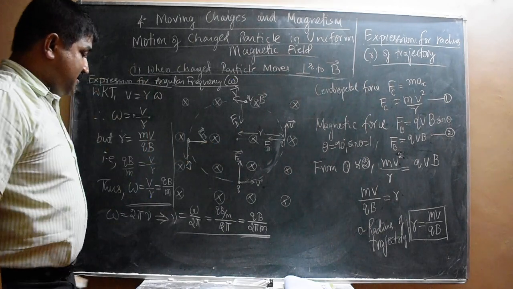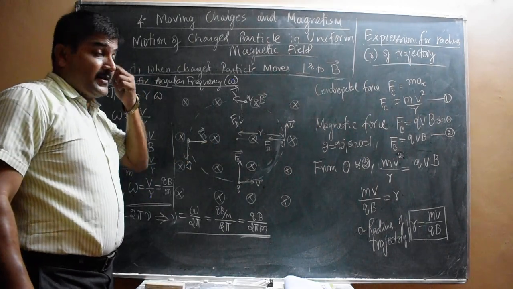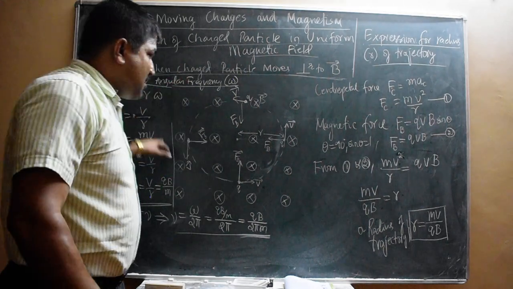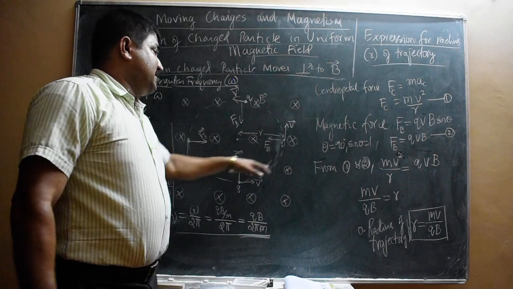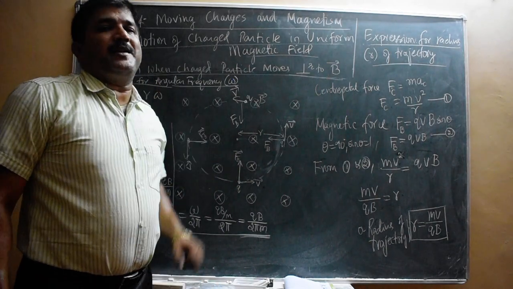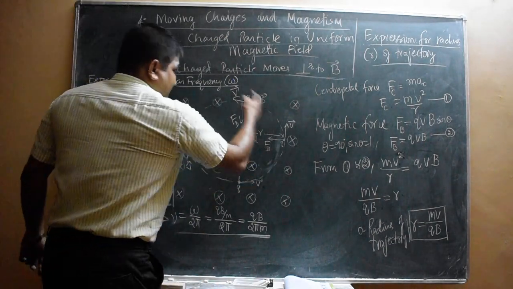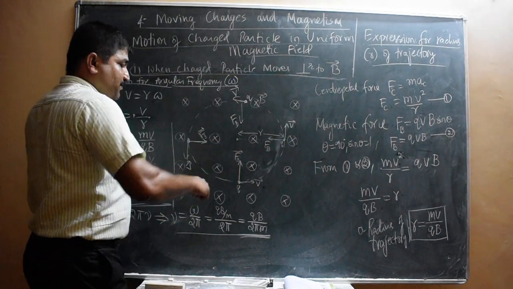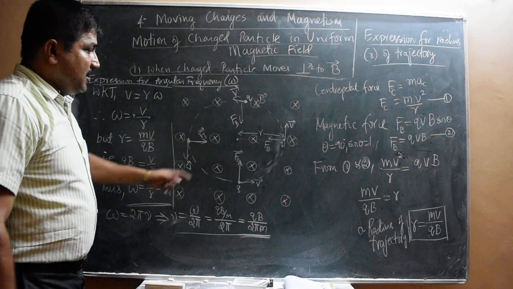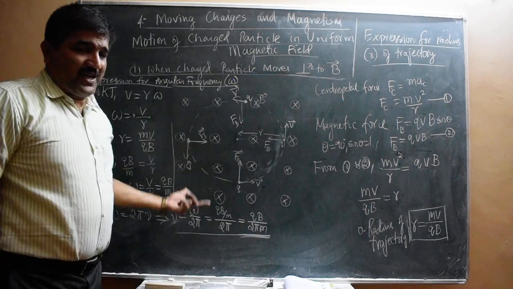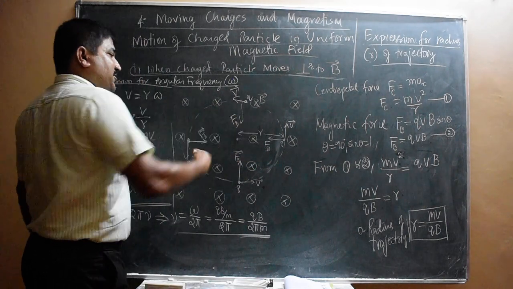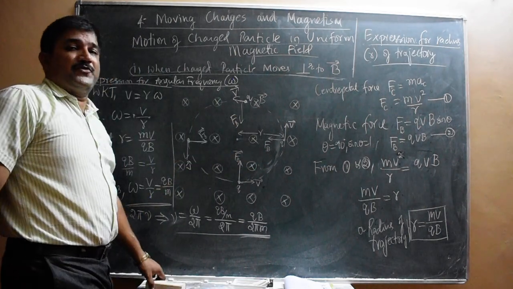What does this frequency signify? Frequency says how many times the charged particle moves in this circular path in 1 second. In 1 second, how many revolutions does this charged particle complete? It may come as a fraction also. If it is 10.5, 10 and a half revolutions, you can say frequency is 10.5 hertz.